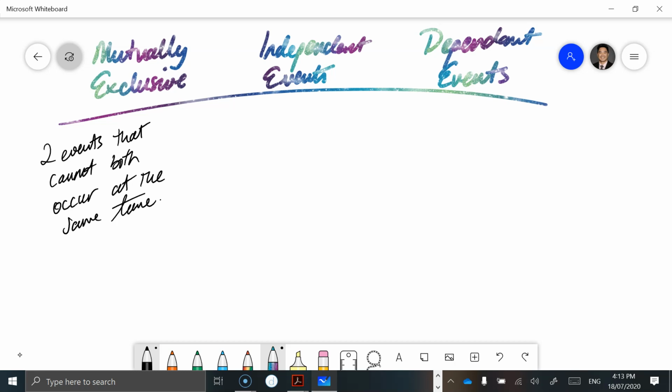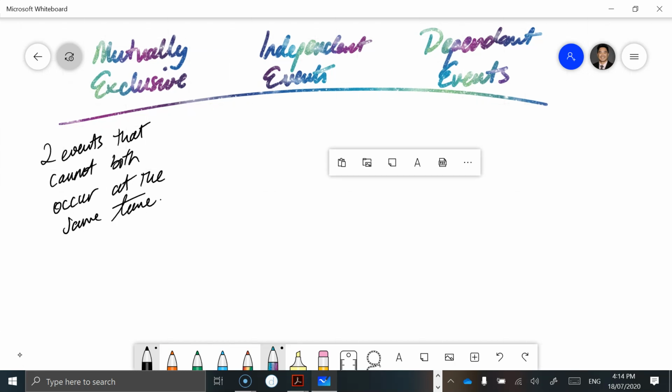Let's just say you had two dice that you rolled, and you want to know the probability of rolling an even number on one die and then rolling an odd number on the second die. The rolling of the first die does not affect the rolling of the second one. The second roll is not dependent on what you get in the first one.